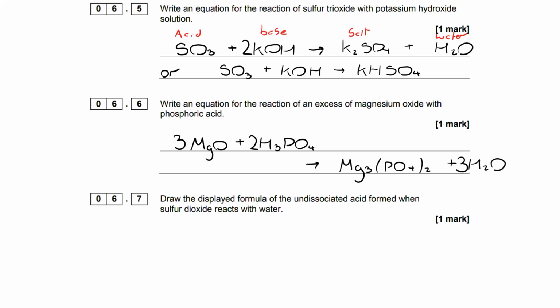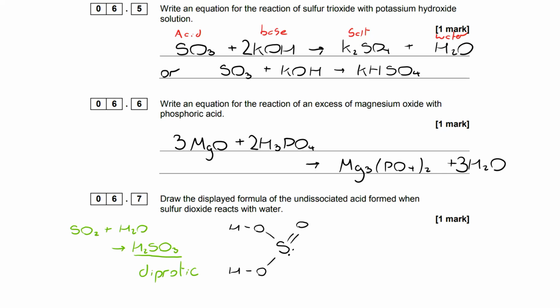In terms of the final part of this, 6.7, draw the displayed formula of the undissociated acid form when sulfur dioxide reacts with water. Now, SO2 plus H2O makes H2SO3. You know the structure of H2SO4 because you've needed to learn it for when you're using it mechanistically.